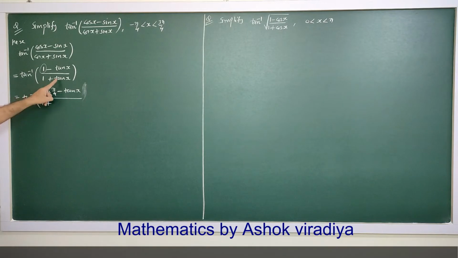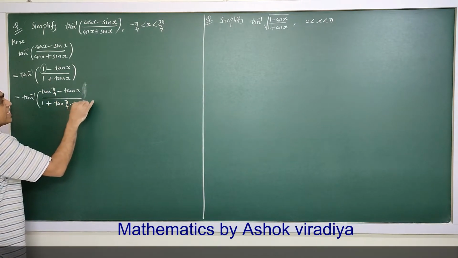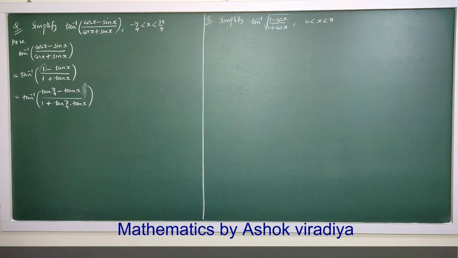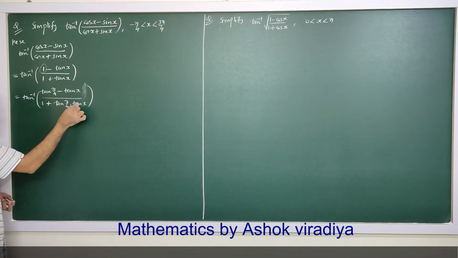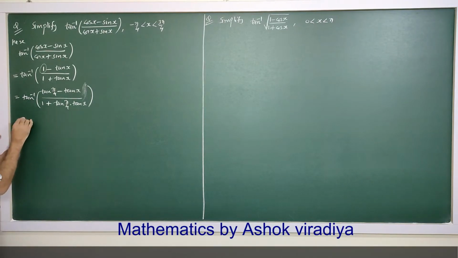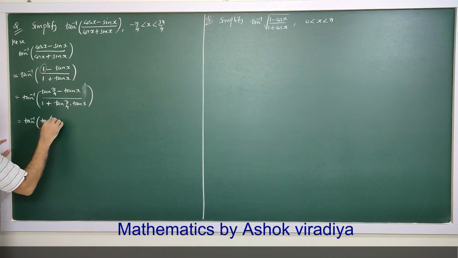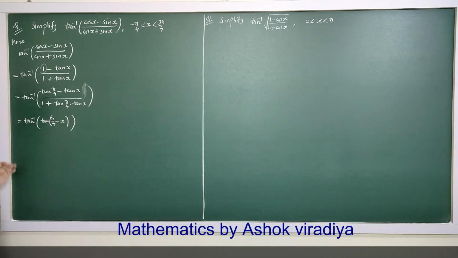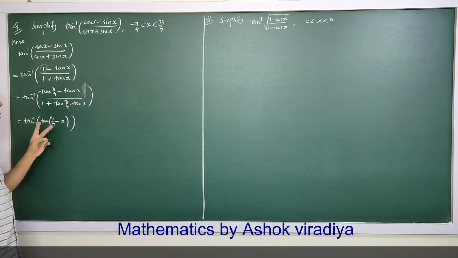The coefficient of tan x is 1, so that 1 is replaced by tan pi by 4. So we have the pattern tan alpha minus tan beta upon 1 plus tan alpha tan beta, which is tan of alpha minus beta. So this is equal to tan inverse tan of alpha minus beta.